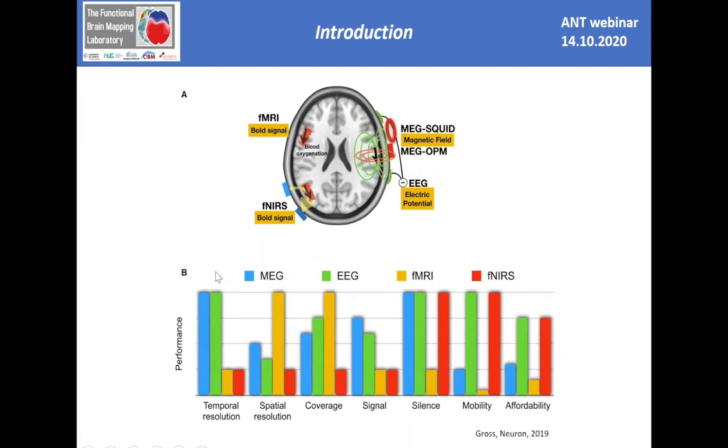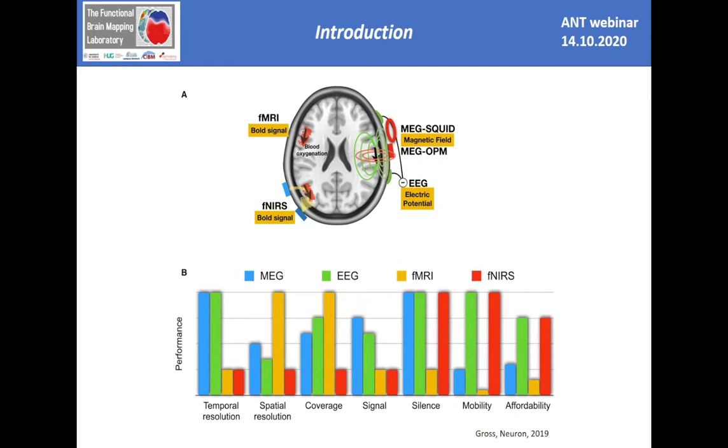As most of you might know, EEG has a high temporal resolution, it has great coverage, it is silent, mobile, and affordable, and all that taken together makes it a feasible and I believe great imaging technology if you have multi-channel high-density EEG recorded, and if you can combine these multi-channel EEG signals with recent developments in computational approaches, right?